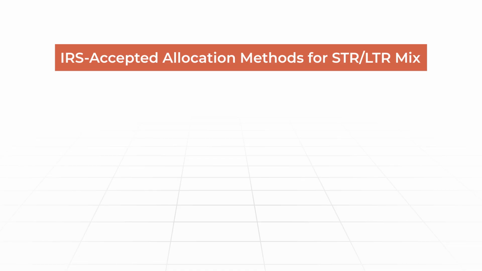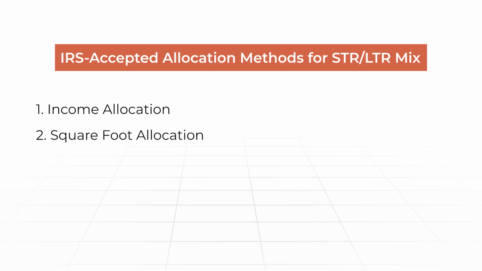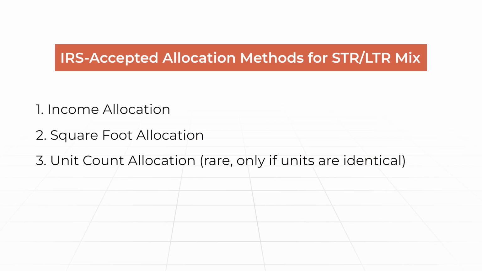The IRS accepts multiple allocation methods if they are reasonable. When allocating the basis between short-term rental units and long-term rental units or commercial portions, the IRS allows 1, income allocations, 2, square foot allocations, 3, unit count allocations, which is rare unless the units are like identical, or 4, an engineering-based allocation.